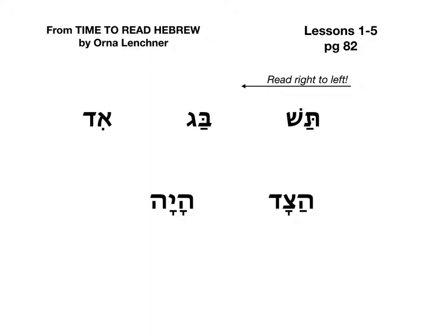The final syllable in the first line with the aleph with the E underneath it, ending with a D, dalet sound, eid, eid. Moving on to the second line, we start with a hey, and now hey is at the beginning and it has a vowel sound. So it's going to make a sound. Ha, and then we have a tzadik with an ah, and a final dalet. Hatzad, hatzad.